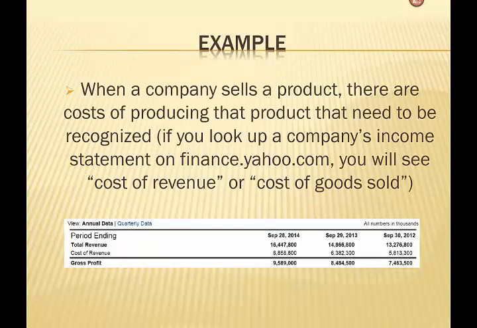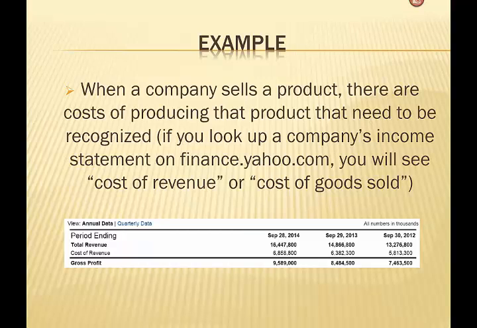So let's take a look at this. If you go to finance.yahoo.com, there's a place where you can put in the symbol of a company. In this one, I'm using Starbucks as an example, and their symbol is SBUX. SB as in boy, UX.